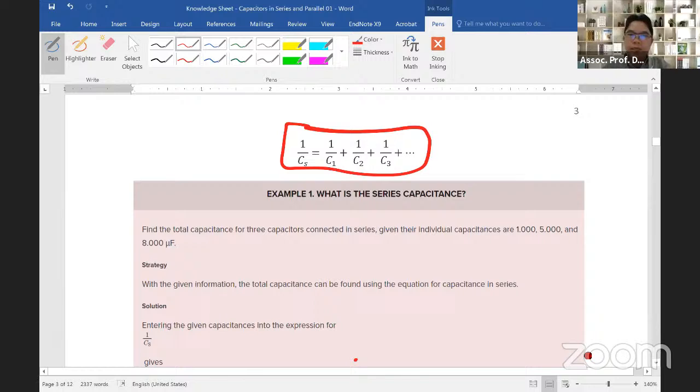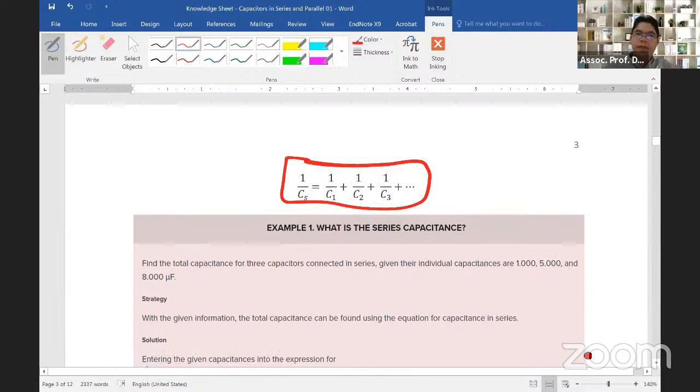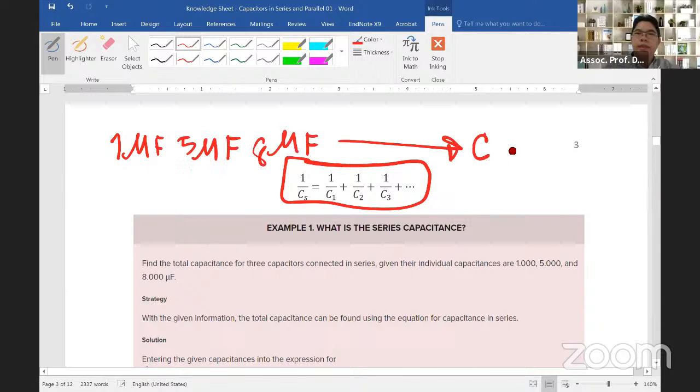If you connect 3 capacitors together, 1 microfarad, you connect with 5 microfarad, and you connect with 8 microfarad, I'd like you to calculate the total capacitance in series and the total capacitance in parallel.